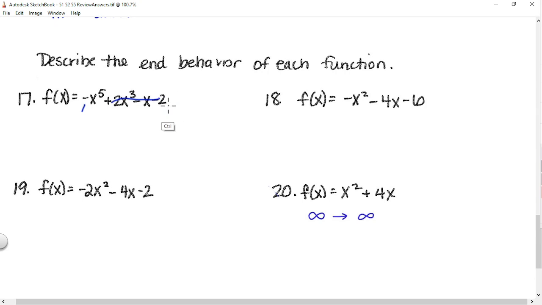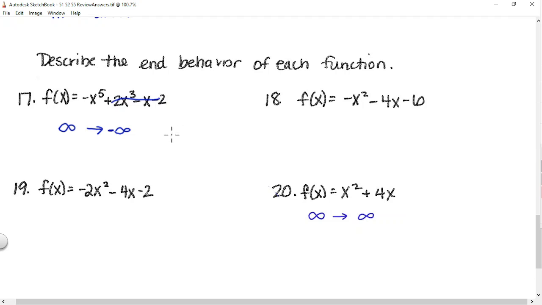So if it's negative and odd, when you go all the way to the left, it goes up, meaning infinity. And when you go all the way to the right, it goes down, meaning negative infinity.